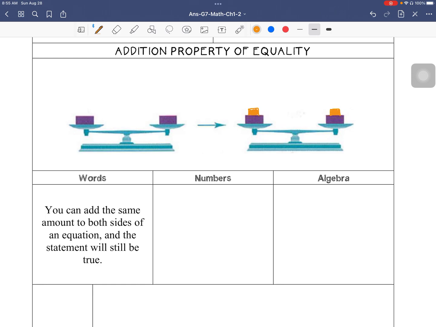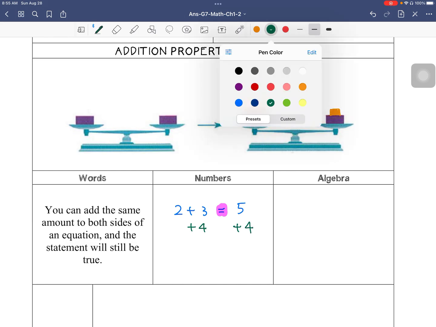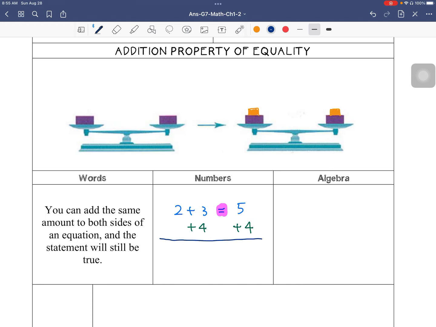The weight will make the scale balanced. Okay, so if I have the numbers 2 plus 3 equals 5, and the equal sign serves as a scale. If I add two same numbers to both sides, then 2 plus 3 plus 4 equals 5 plus 4 equals 9.